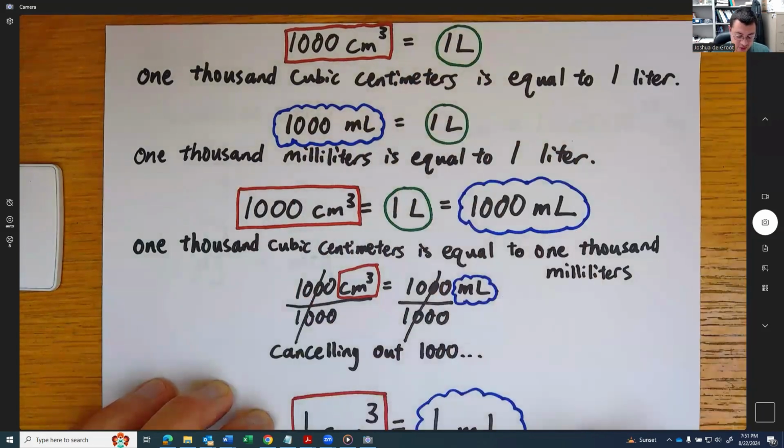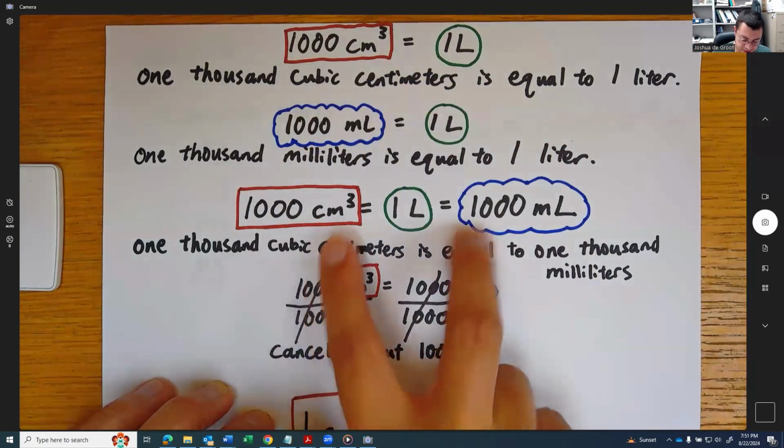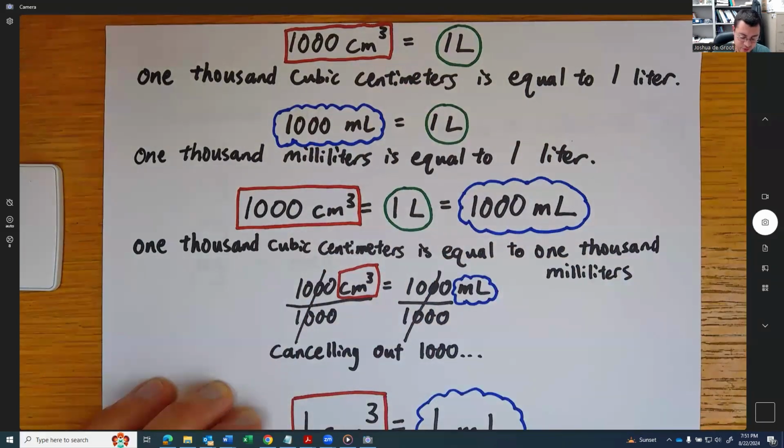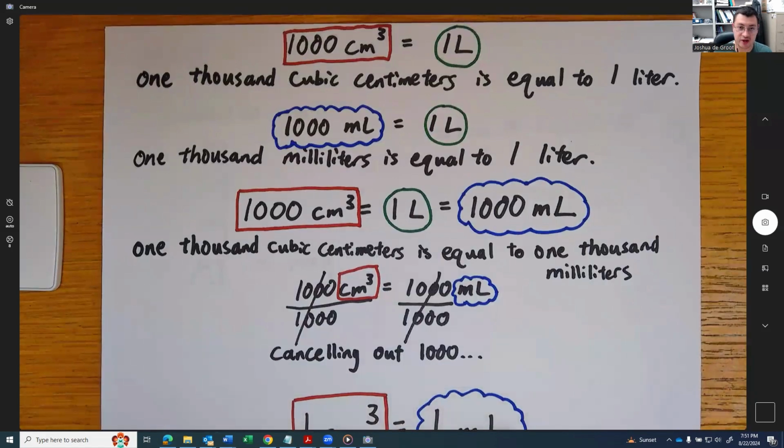We can set them equal to each other, and if we cancel out the 1,000 on both sides, we see that 1 cubic centimeter is exactly the same as 1 milliliter. That's a useful thing to know because sometimes with volumes, you'll see them written one way or the other. They're perfectly interchangeable with each other.